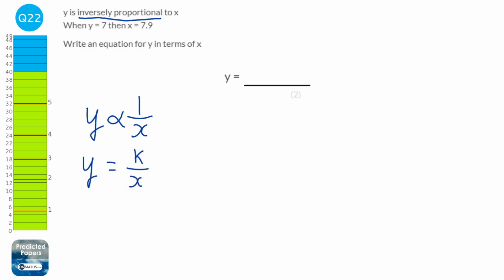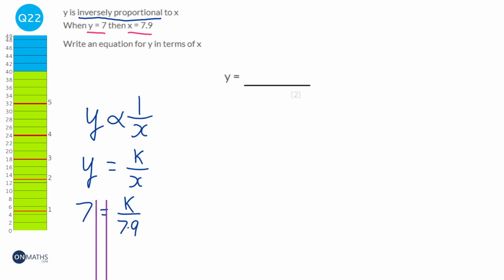So what we need to do is find out what a value of y and a value of x are somewhere on the graph that would be formed from this, and we've got that in this question. So we know that when y is 7, then x is going to be 7.9. And what I need to do now is just draw my lines down. And what I'm going to do is times both sides by 7.9.